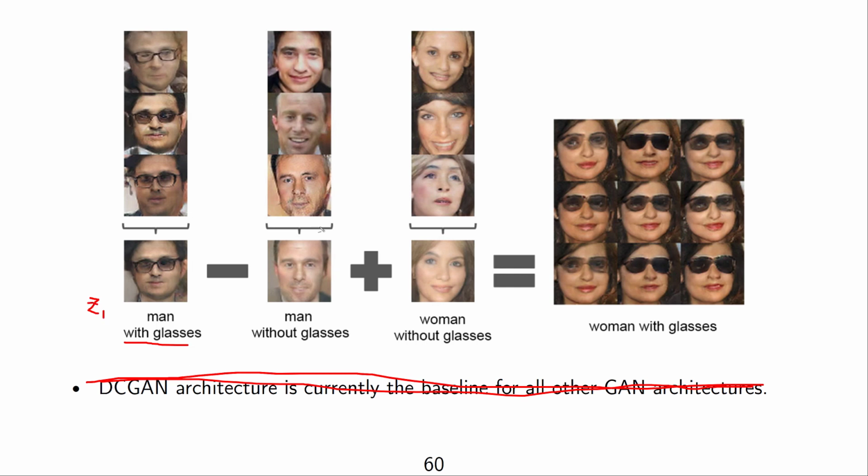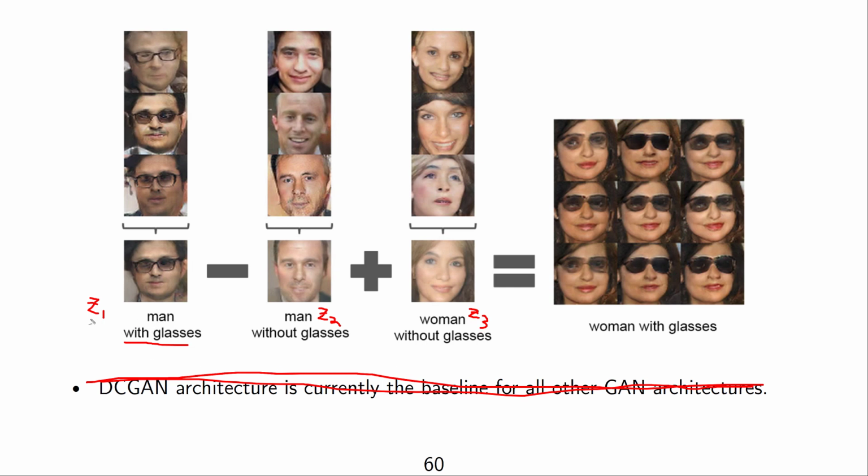Then sample a bunch of other images, so you get some man without glasses, which is latent code set 2. Then sample more images until you obtain women without glasses, and this would be the latent code set 3.